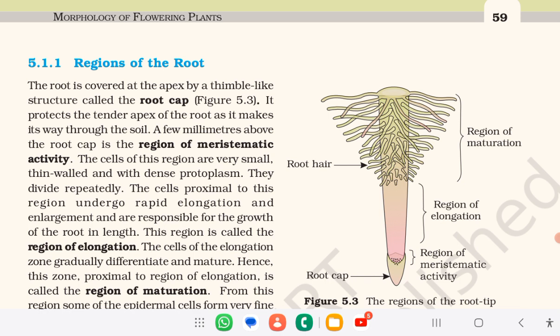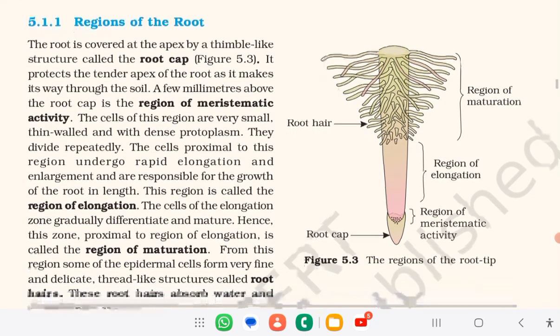The cells proximal to this region undergo rapid elongation and enlargement, and are responsible for the growth of the root in length. This region is called the region of elongation. The cells of the elongation zone gradually differentiate and mature. Hence, this zone proximal to the region of elongation is called the region of maturation.